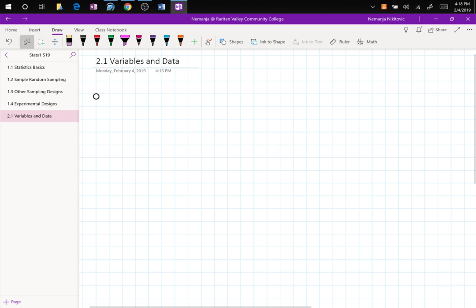So a variable is something that changes its value. It's a characteristic that is changing. You can think of age as a variable, because moving from one person to another, that could be a different number, could be the same number, right? We can have 2 20-year-olds.